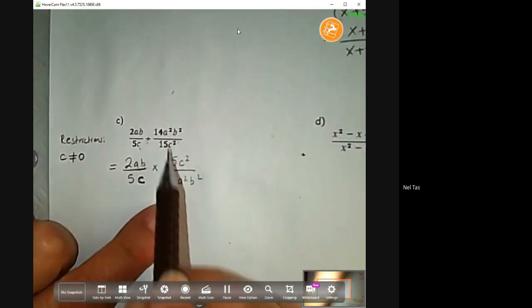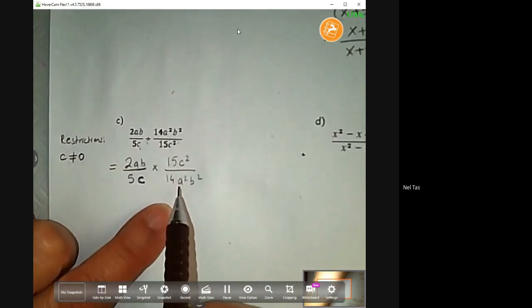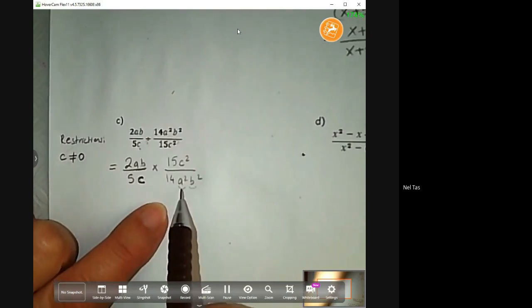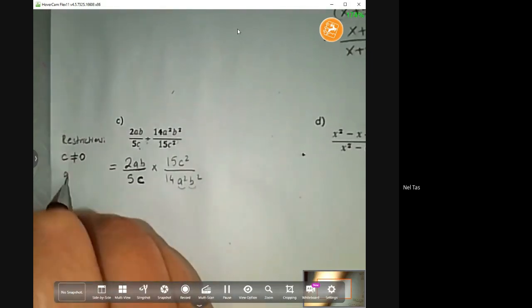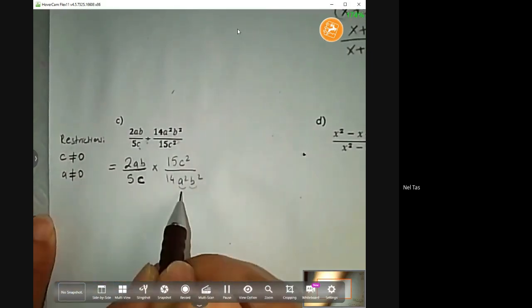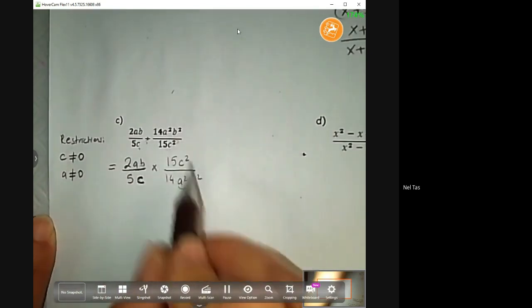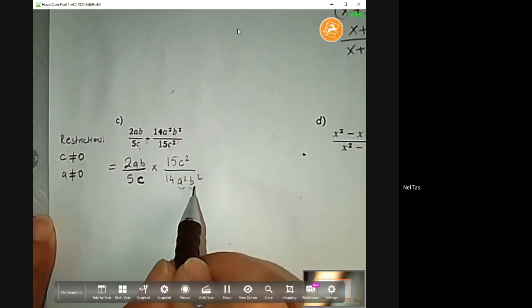Okay, so after we flip, what do we have here? We have a squared and b squared. Can they ever be 0? Yes, if a is 0, a squared is 0. So a cannot be 0. If a is 0, again, you get 0 for the denominator here. And similarly, same thing with b.